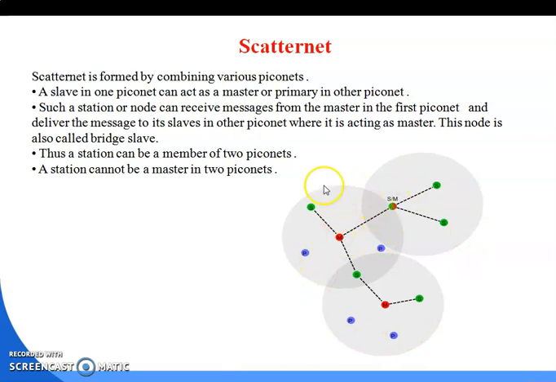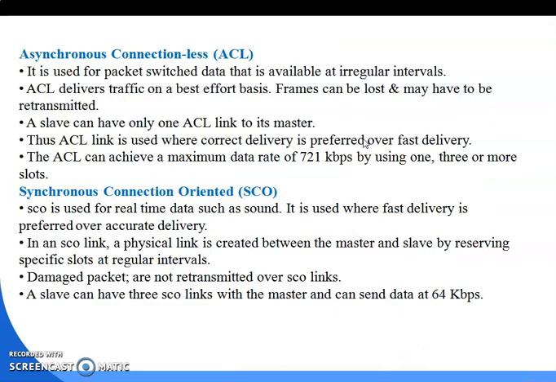So when the master of one Piconet is connected to the slave of the other Piconet, here this is the master of one Piconet, and here this one is the slave of the other Piconet. When this master is connected to this slave, it becomes a master. And this is the process of the scatternet.